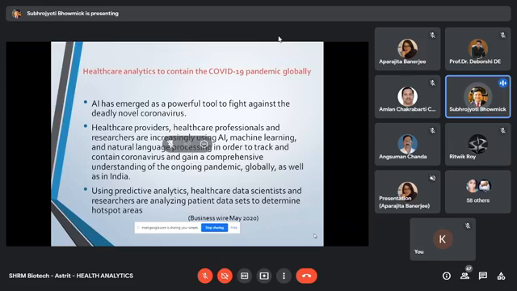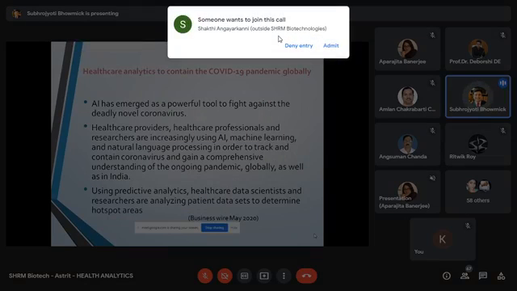This has started in India as well, though it is very sketchy in India. But as a sizable portion of the population in India is still without vaccine, we would still see COVID-19 existing among us for a longer period of time.